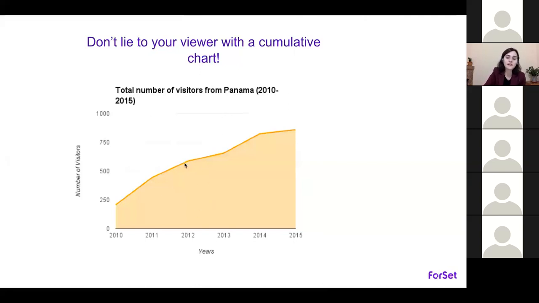that came from Panama. This type of cumulative chart is used very often to manipulate sales results and things like that.